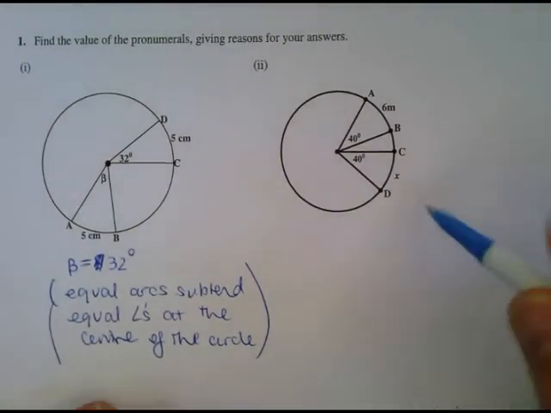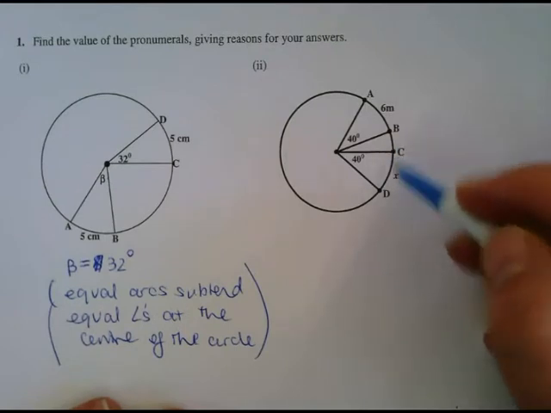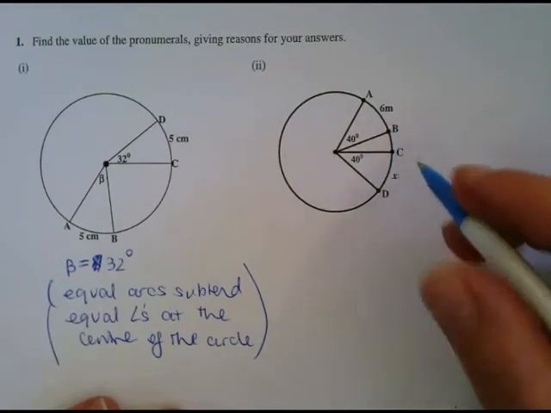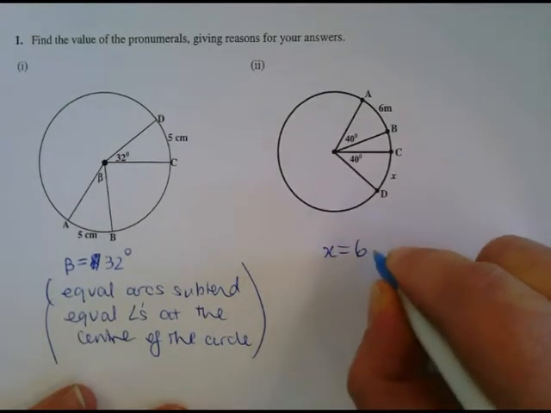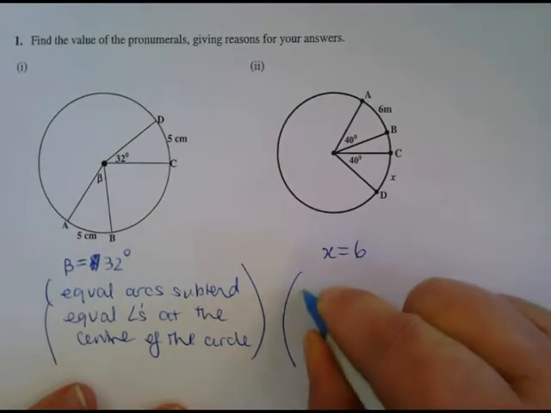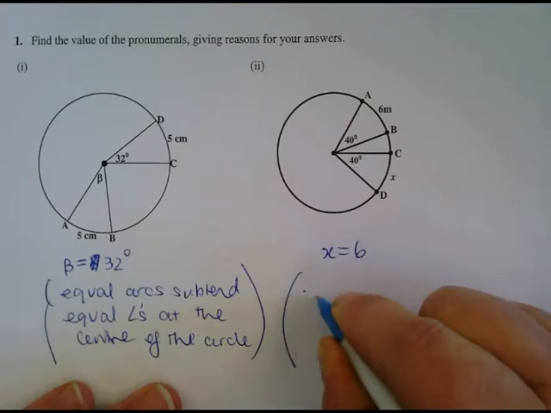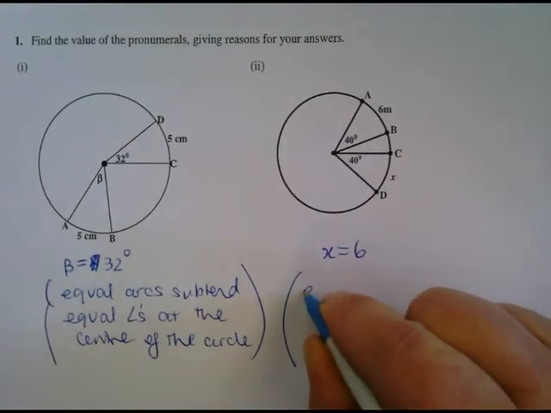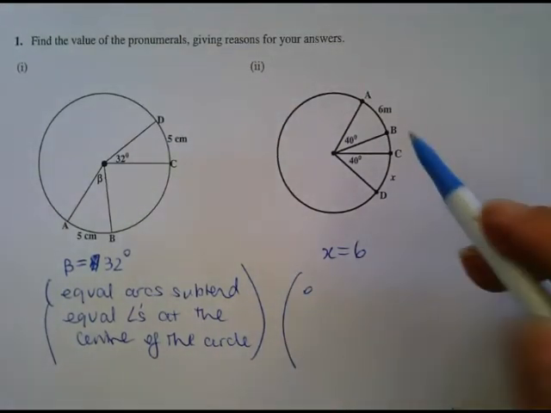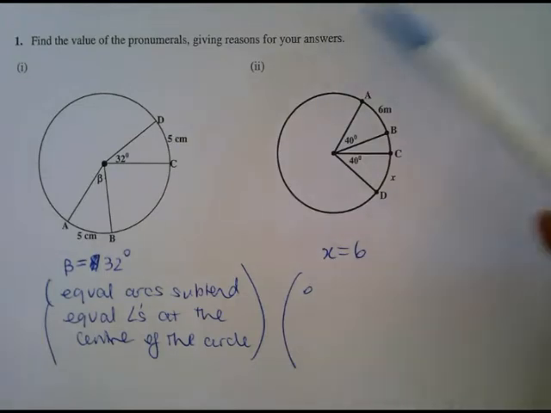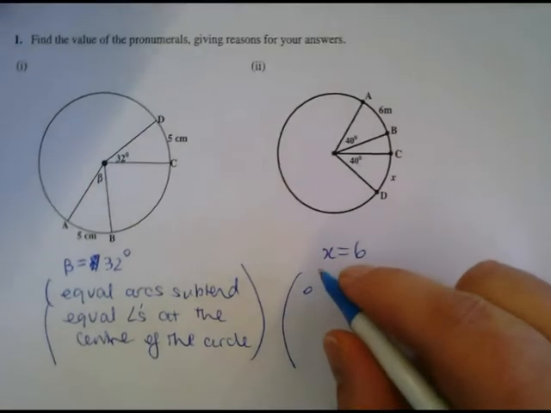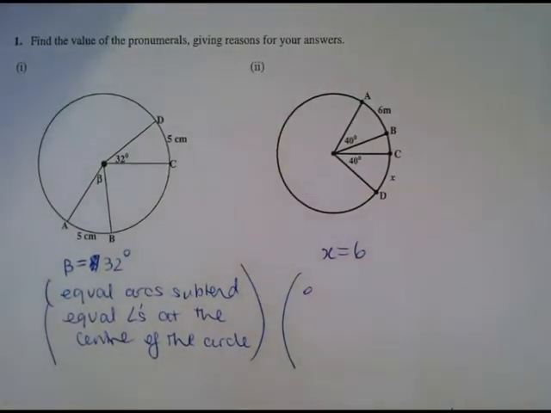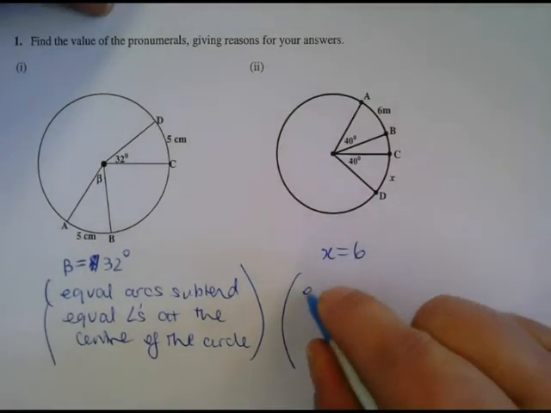What about this one? Is this the converse theorem? So this one would be that x is 6. Why? Because you could say equal angles subtended at the center cut off equal arcs, or you can say if two arcs subtend equal angles at the center of the circle, then the arcs are equal. This is the converse theorem.